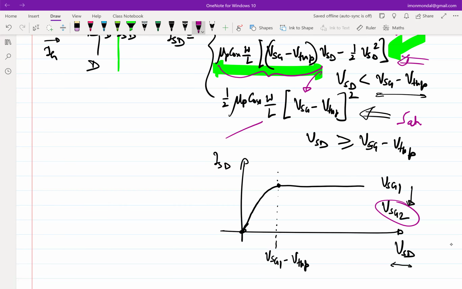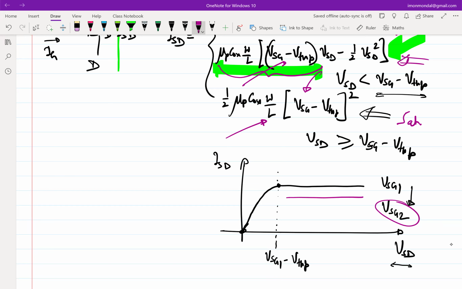Both the current equations in both these regimes are going to change. It's easier to see in the saturation region, because we don't have any dependence on VSD, and the value of the current will in fact reduce. So let's say that it has reduced.